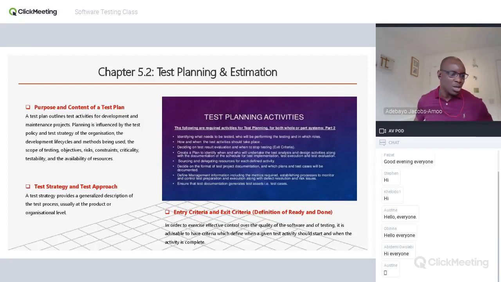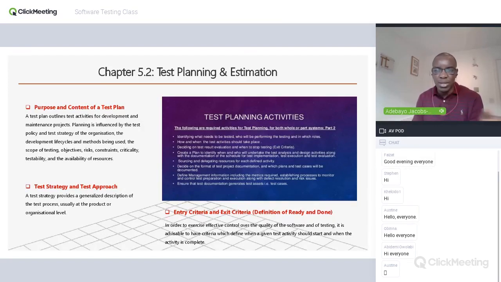You need to know what the requirements are. You need to know the use cases, the user stories, the approach you're using, the kind of model you're following, availability of test items and test environment, any tools you're going to use, test data, where you get test data from, and stuff like that. Those things must be ready, must be provided before we can start executing our tests.